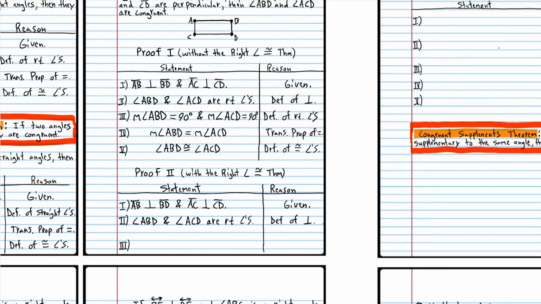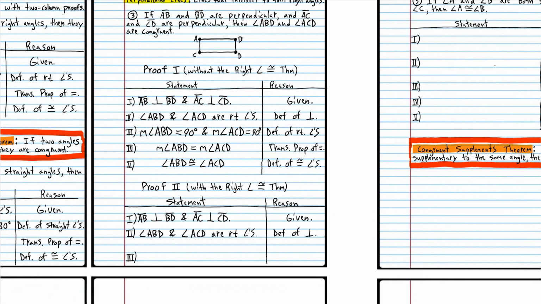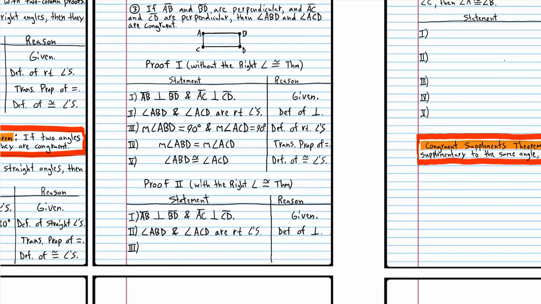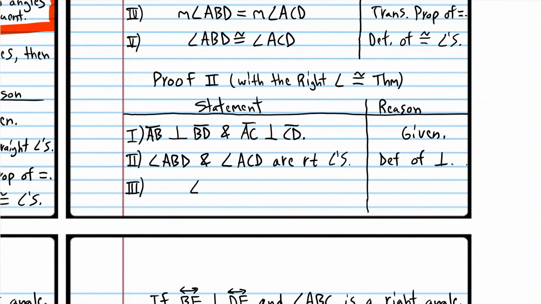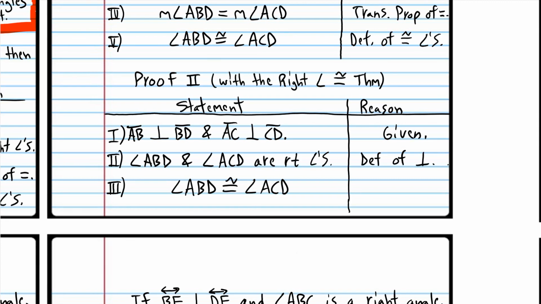All right, so at this point, we know that they are both right angles, right? Because they're both right angles, we can immediately skip those two steps we did before and say that they're congruent, because we know that right angles are congruent.